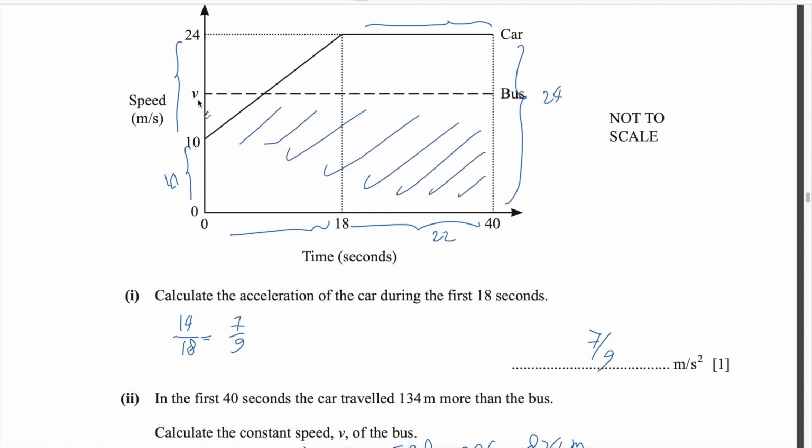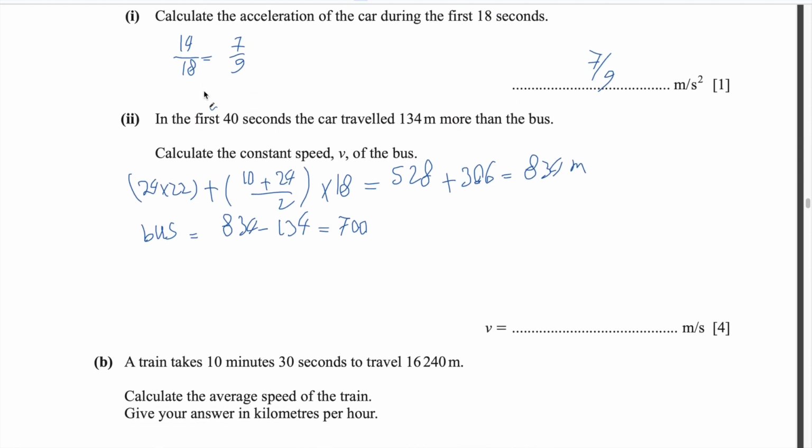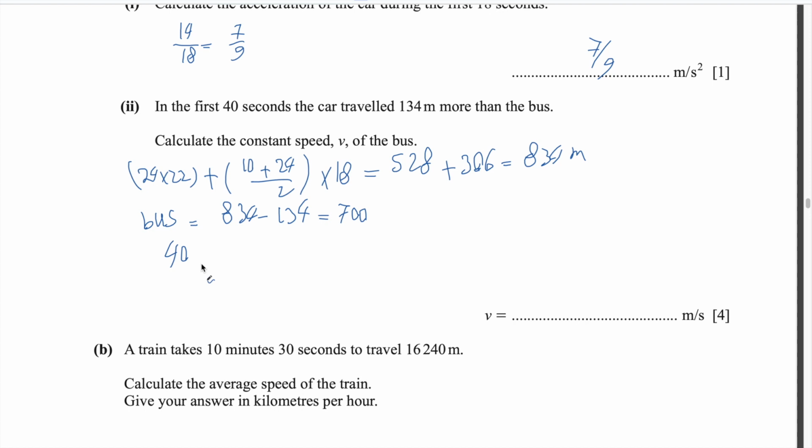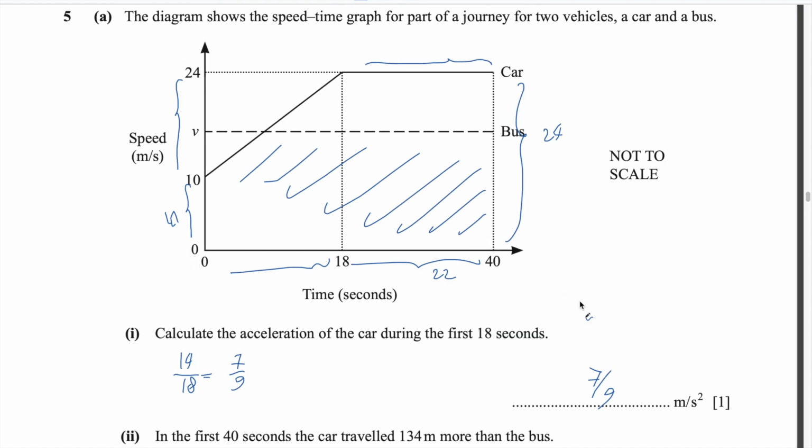So 40 as the length times width, which is v. 40 times v should become 700. So v is 700 over 40, 70 divided by 4, giving you 17.5 meters per second.